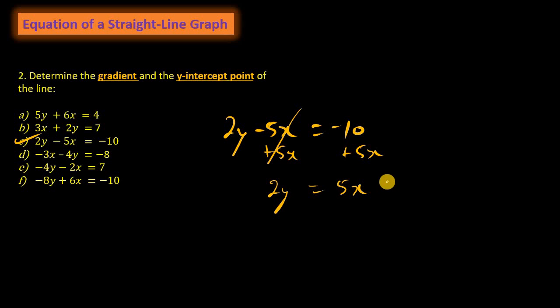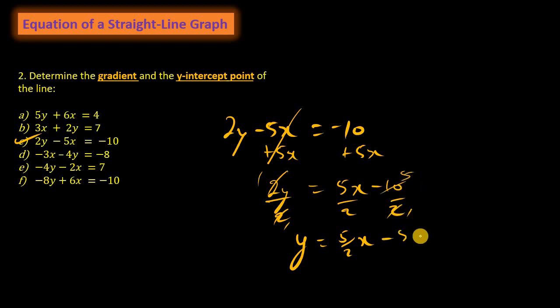The minus 10 afterwards. Now we're at a familiar place. We want to get 1y. We're going to divide each term by 2, since this is going to isolate the y as 1y. And this will be 5 halves x minus, now 2 into 2 goes once, into 10 goes 5 times, so that's negative 5. Now it's in the form of y equals mx plus c.